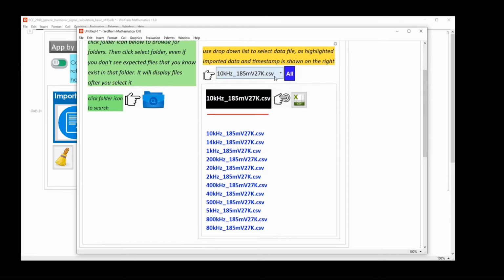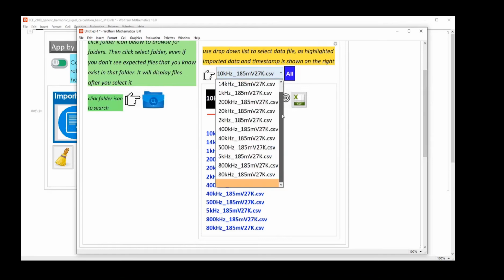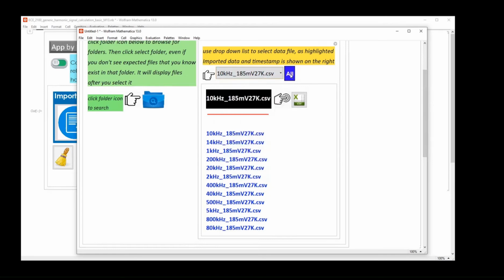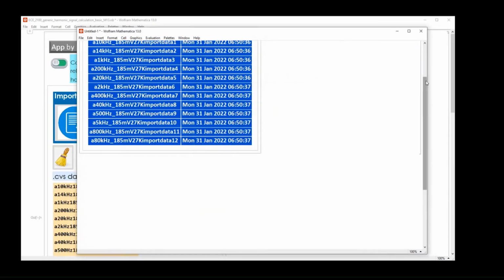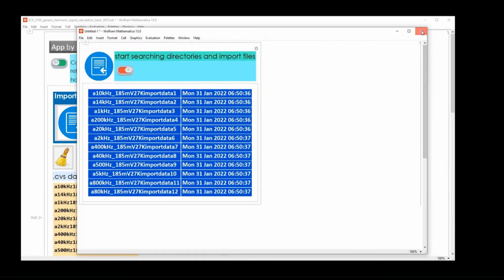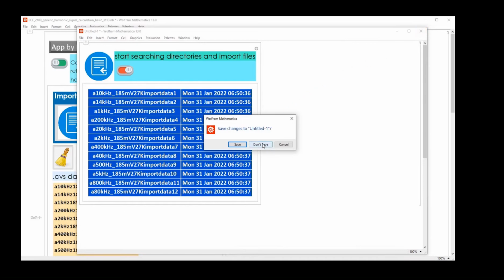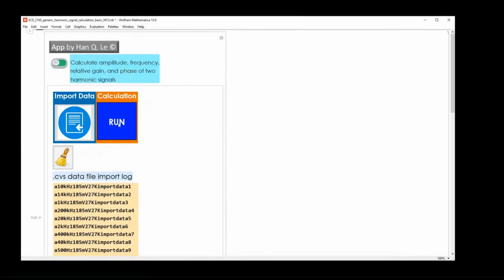Wait while the app is importing the files, which may take several seconds, then close all the data import windows. Then click Run. It may take many seconds to minutes to run the calculation, and the outcome are two files.